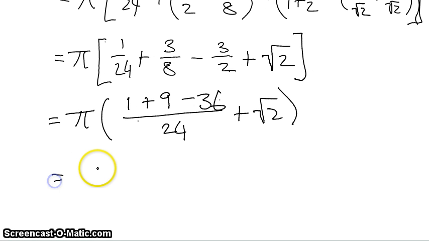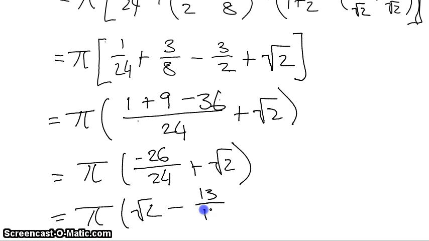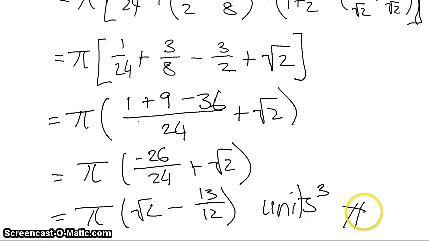In other words I get pi, this is 10 minus 36, so minus 26 over 24, plus root 2, that's equal to pi times root 2 minus 13 over 12 units cubed. And we are done.